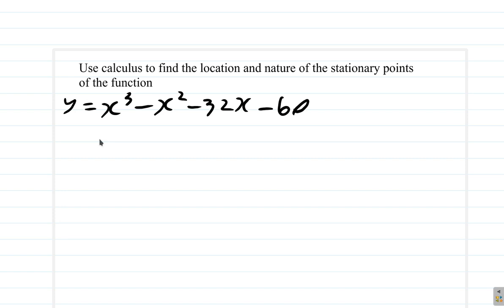Then after that, we find out exactly where the stationary points are located, because wherever the gradient is 0, those are where the stationary points are located.